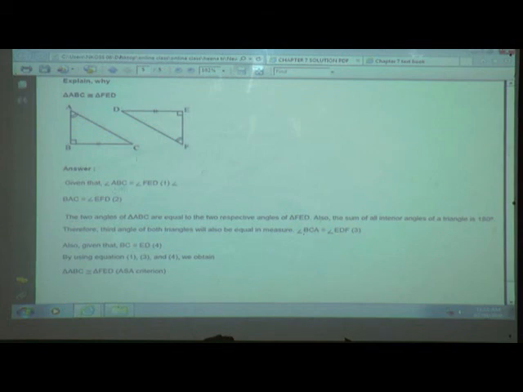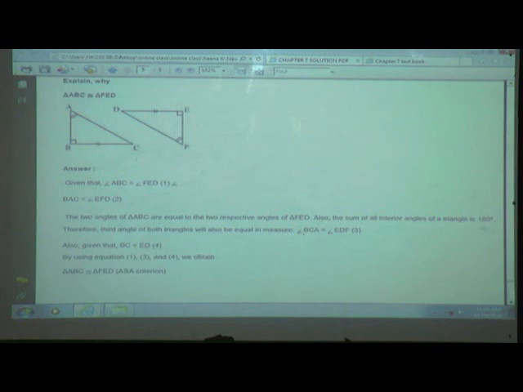Given that angle ABC is equal to angle FED, that is equation 1, and angle BAC is equal to angle EFD. So the two angles of triangle ABC are equal to the two respective angles of triangle FED. Also, the sum of all the interior angles of a triangle is 180 degrees.